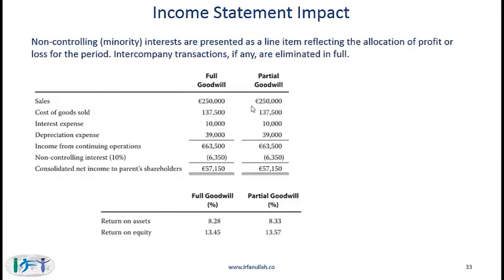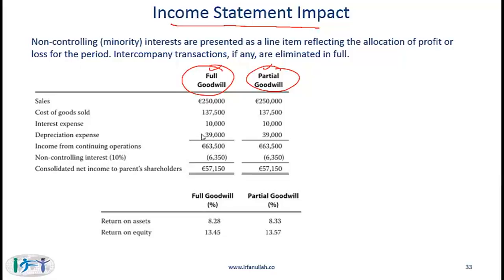On this slide, we take a look at the income statement impact. Notice that on the income statement, the numbers are the same regardless of whether we use the full goodwill method or the partial goodwill method. The sales simply represent the sales of the two entities, and the same holds true with COGS, interest expense, and depreciation expense.